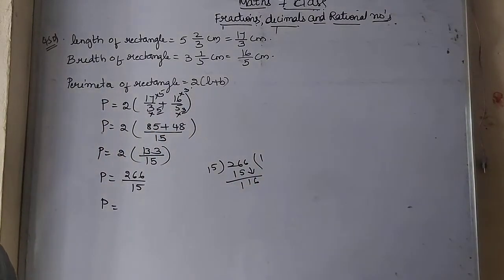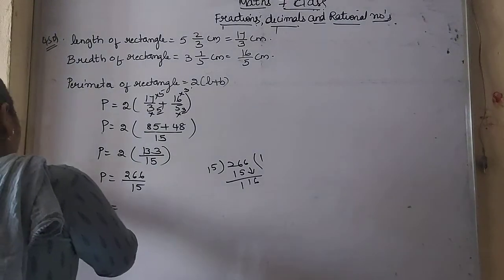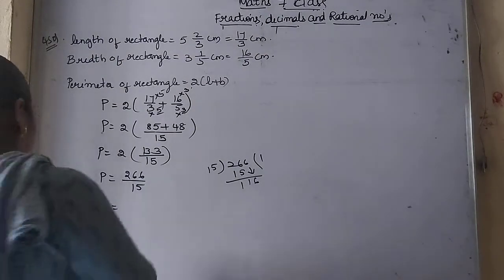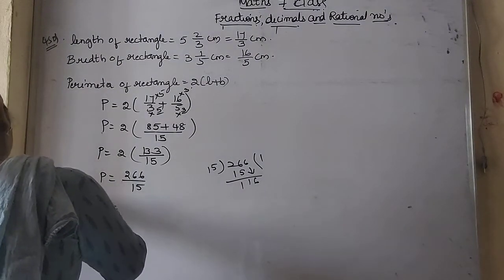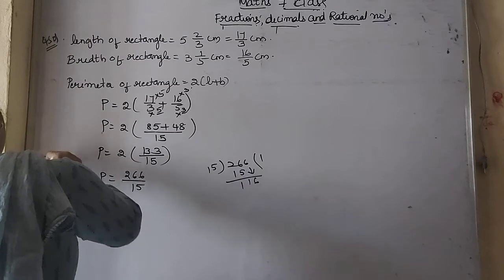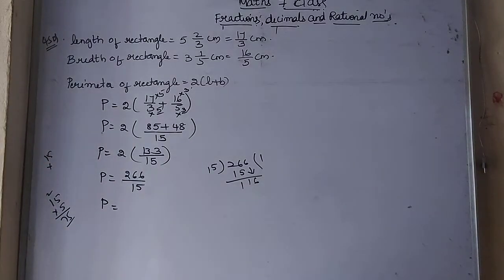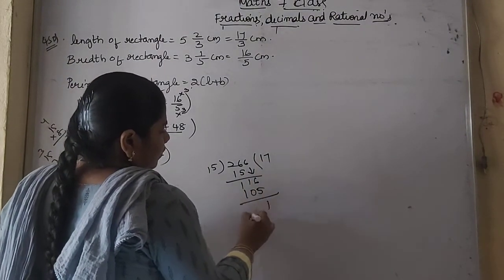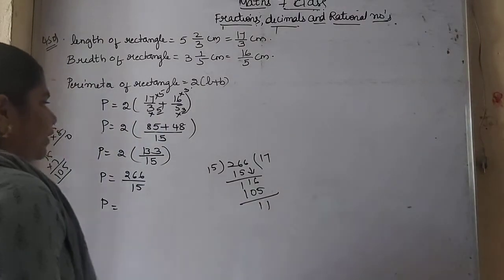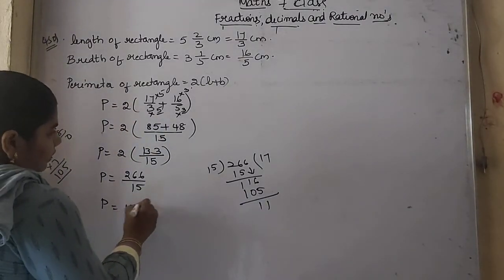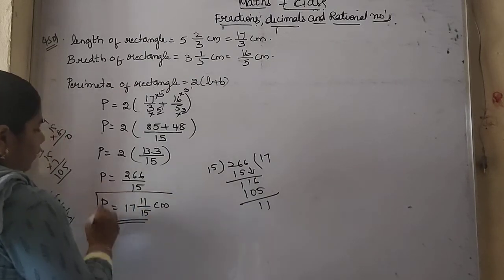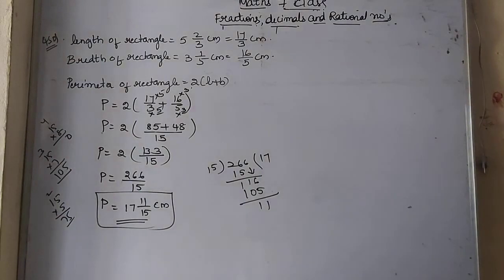So 15, how many times can we take? 15 7 times will be equal to 105. So 1 1, you got 11 again. So what is the answer? That is 17 11 by 15 is our perimeter value. So the perimeter of a rectangle is equal to 17 11 by 15.